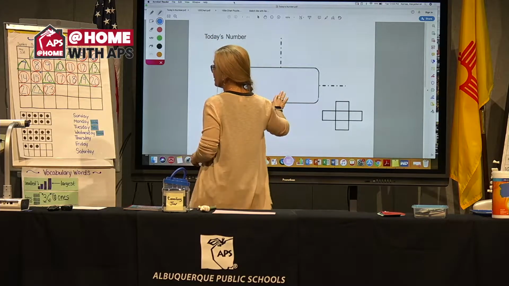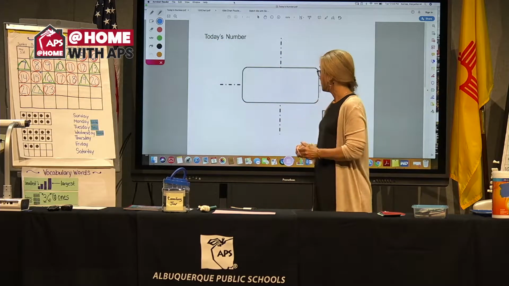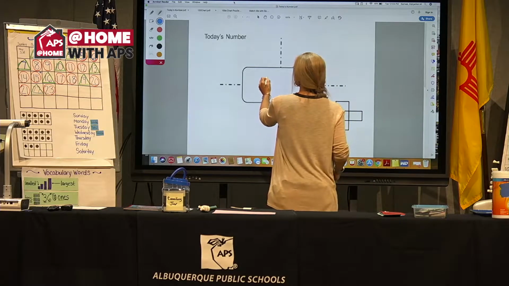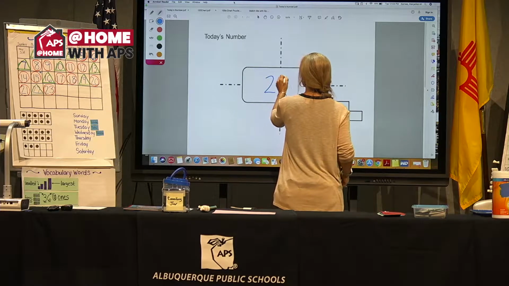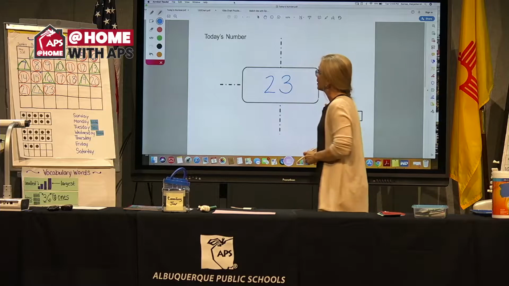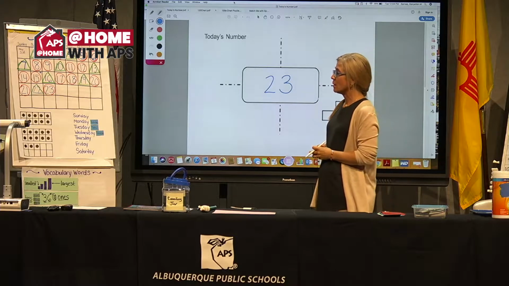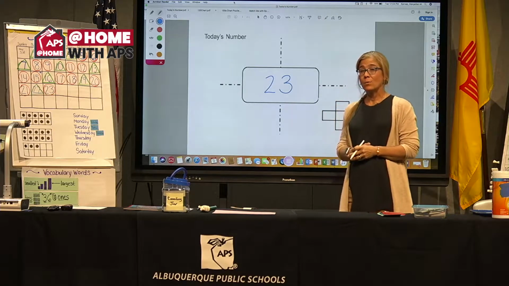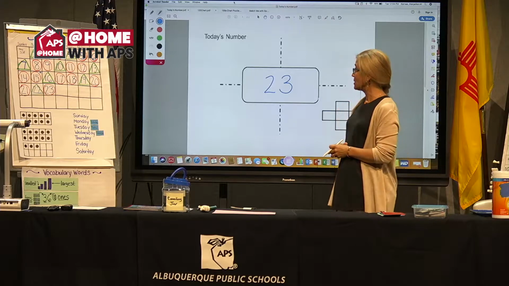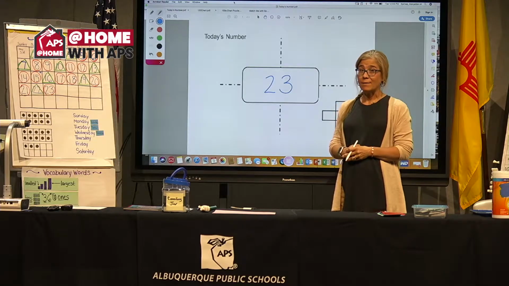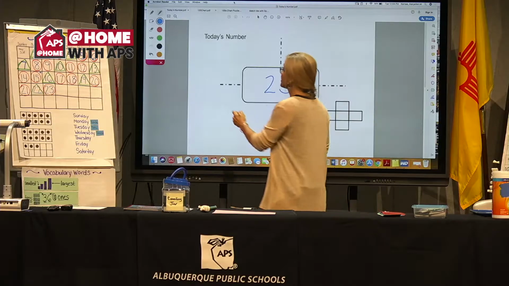We're going to work on our today's number chart. So today's number is 23. We already talked about how to write that number. Yesterday, we represented our number in tally marks. Remember what tally marks are?